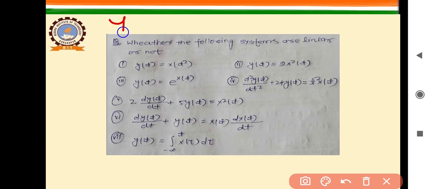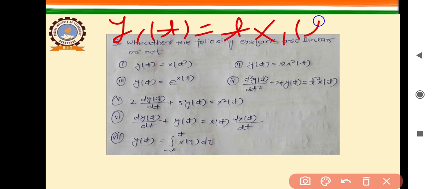Then y1(t) is equal to 2 x1 square of t.